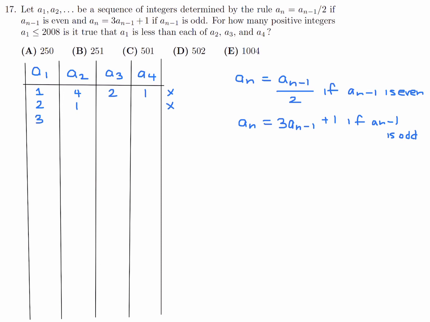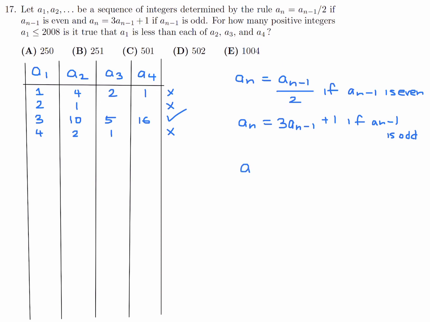So let's keep going. 3. This will be 10, and this will be 5, and this will be 16. Great. This is valid in terms of our conditions. So keep going. 4, that gives me 2, gives me 1, and this is therefore not going to work. I immediately notice that when a1 is even, it's not going to work, because immediately a2 is smaller.